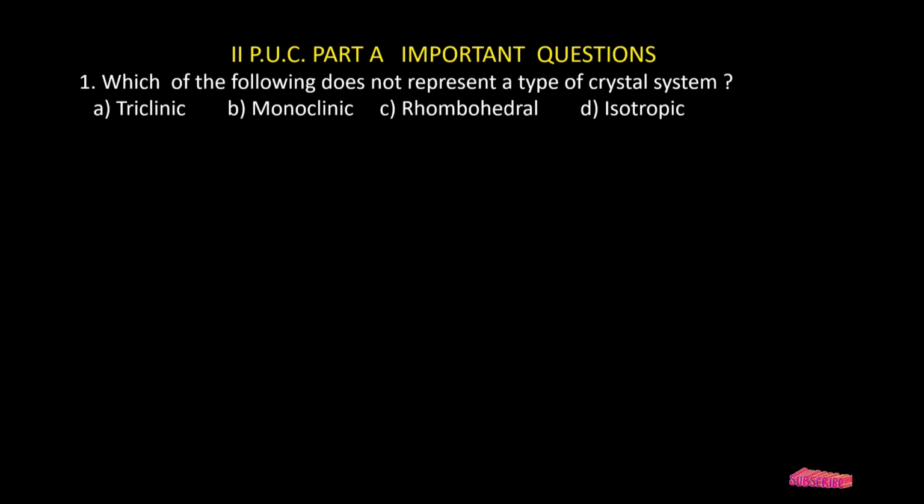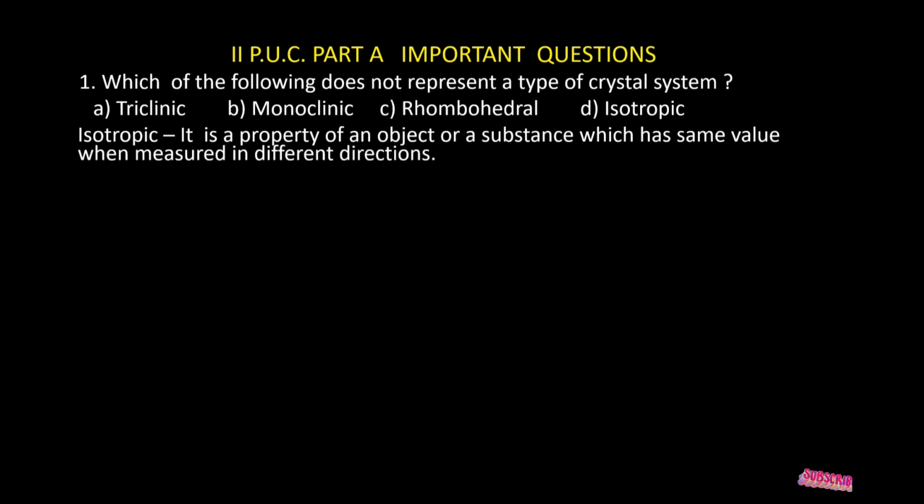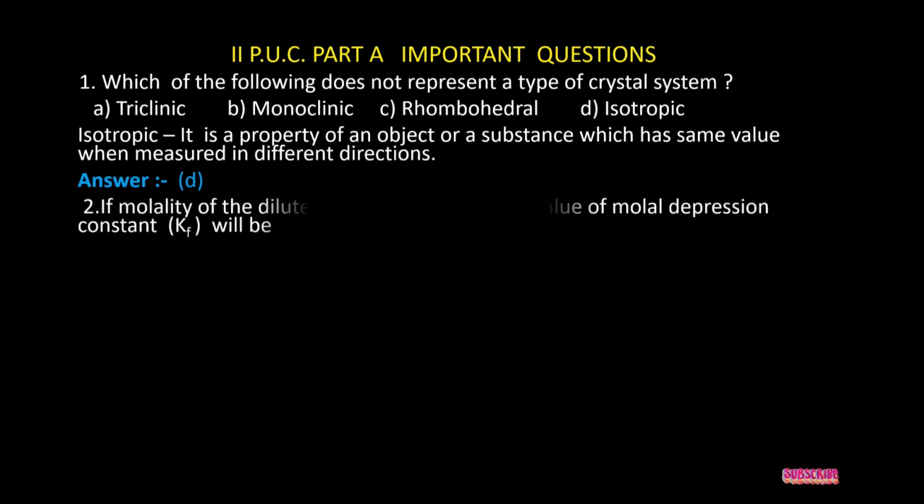But the last one, isotropic, is not a type of crystal system, it is a property. It is a property of an object or a substance which has the same value when measured in different directions. Therefore the correct answer for this is option D, that is isotropic.